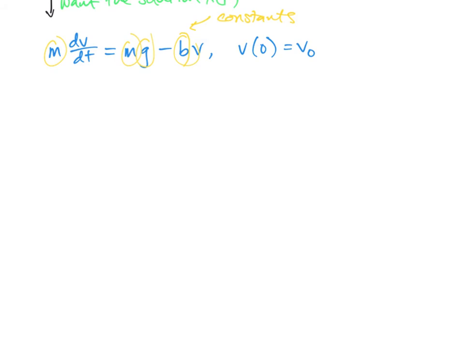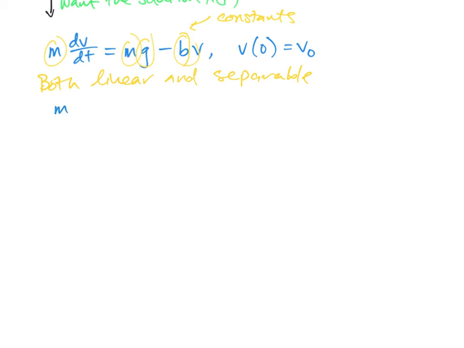So this equation is both linear and separable. So we can use either method that we learned in chapter 2 to go ahead and solve it. I'll use the separable method.